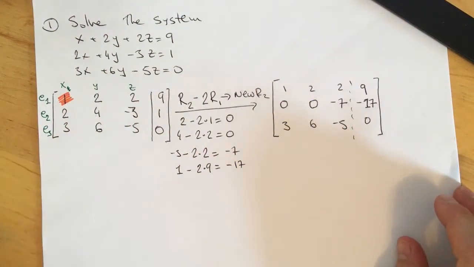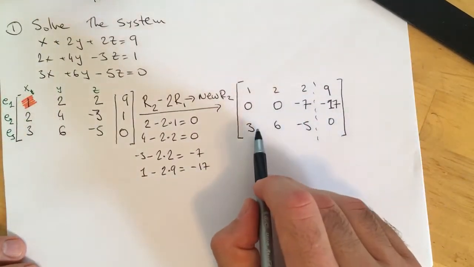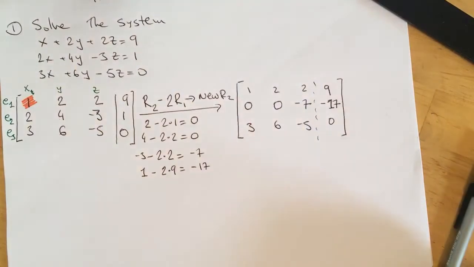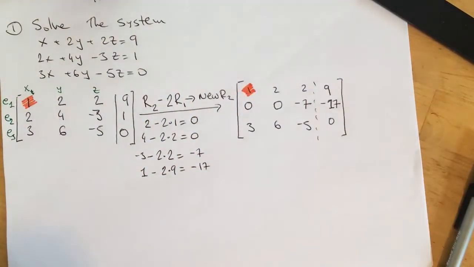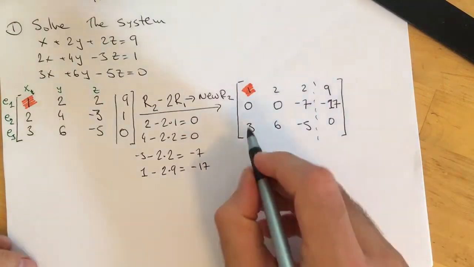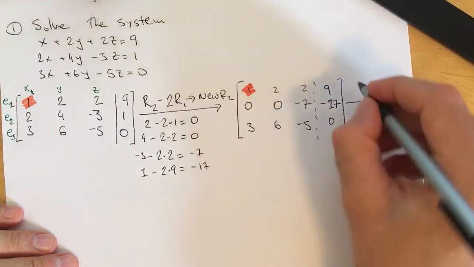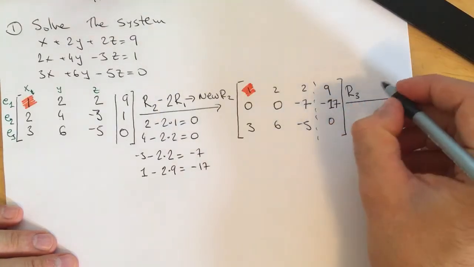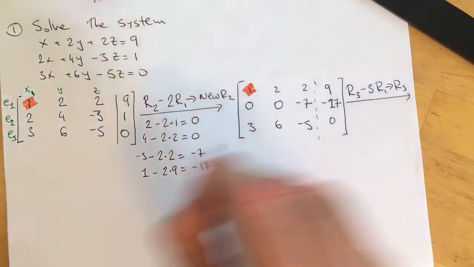Okay, next. As we said, because this is our leading 1, all the entries below that have to be 0. So now I have to take care of this 3. I'm affecting just the third row in this step. R3 minus 3 times R1 becomes my new R3.